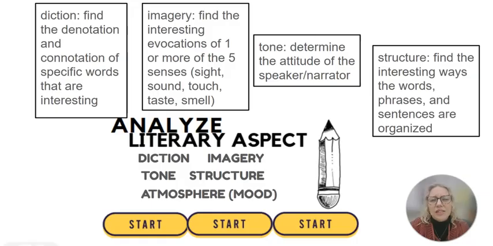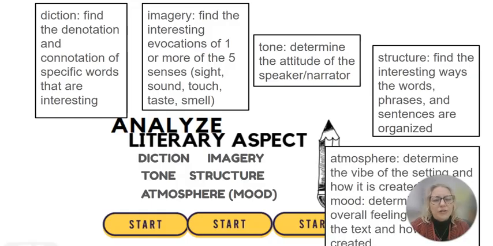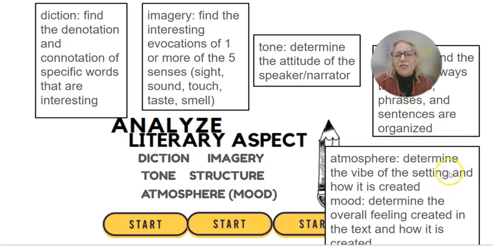And then the last one is atmosphere, which is similar to mood. They're two different things, really, but I have them here sort of connected. Atmosphere is really determining the vibe, and that, I think, is the best word to use. It's the vibe of the setting and how it is created. Mood is the overall feeling in the text and how it's created.